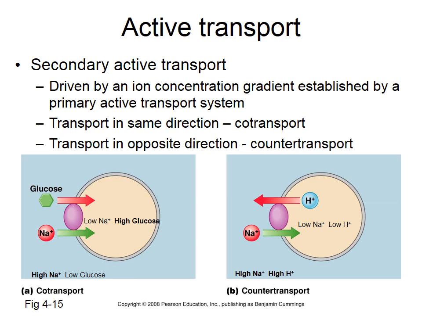In panel B, we have counter-transport. Okay, so by allowing sodium into the cell, that gives the sodium-hydrogen counter-transporter the energy it needs to pump hydrogen ions out of the cell. Right? And why do cells want to pump hydrogen ions out?